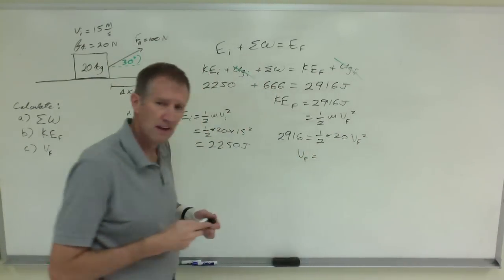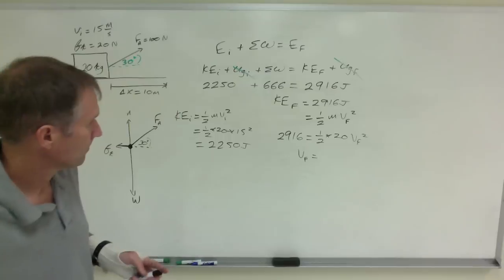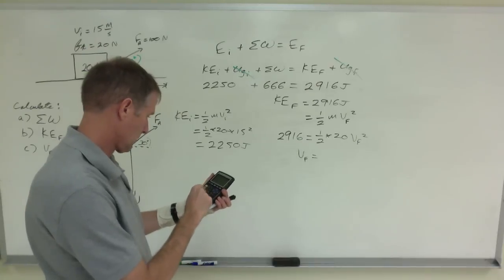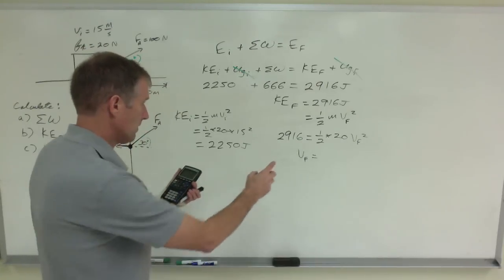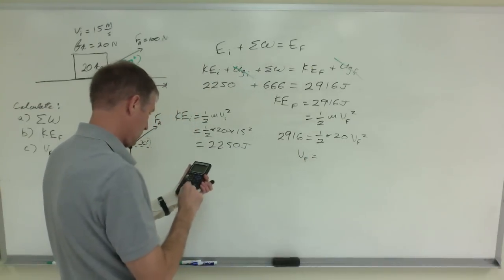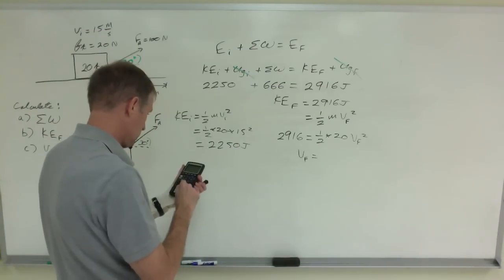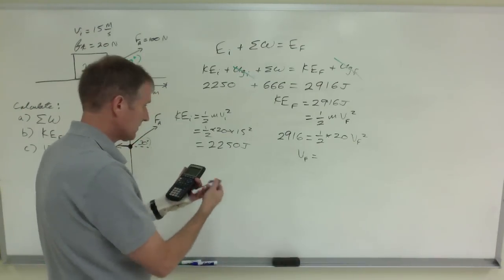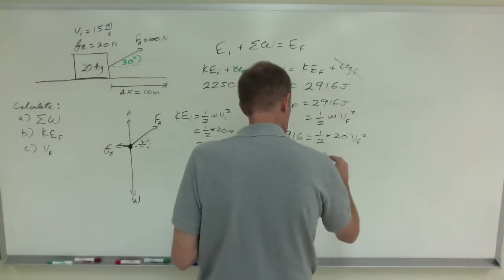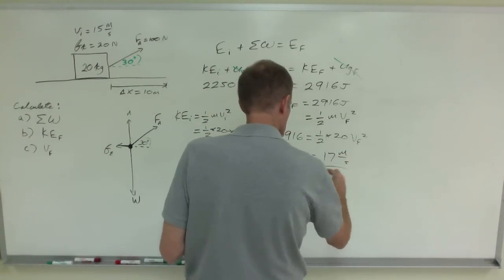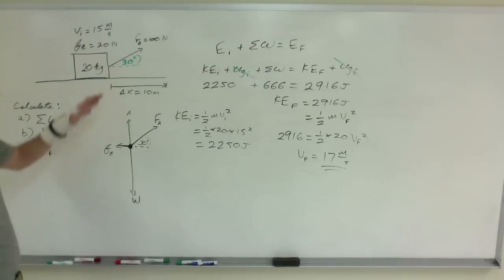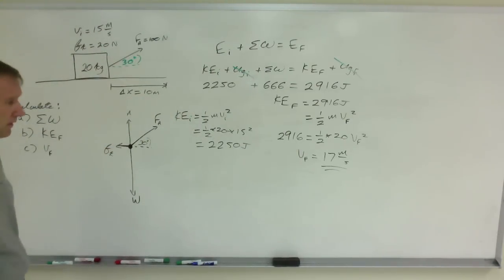Solve for VF and then take the square root. It's going to be the square root of, that's half of 20 is 10, so that's the square root of 2,916 divided by 10. And I get 17 meters per second. It went from 15 to 17 meters per second in 10 meters.